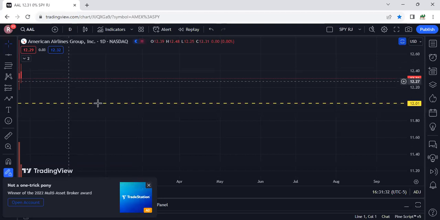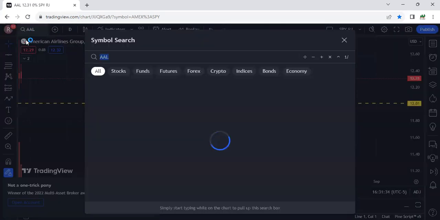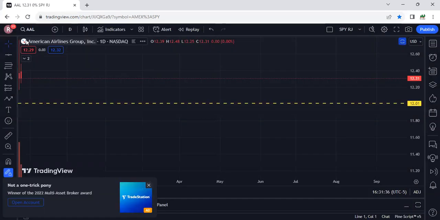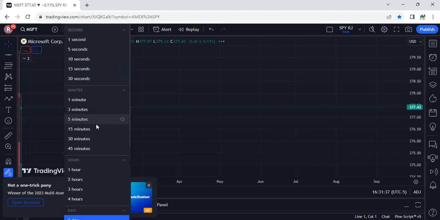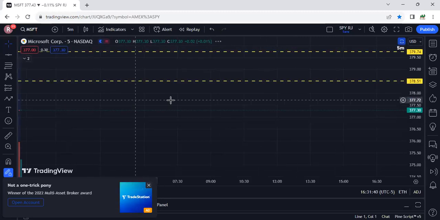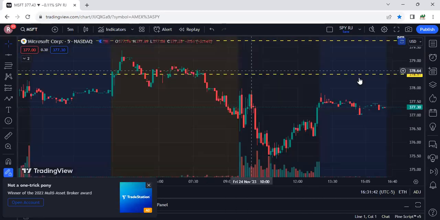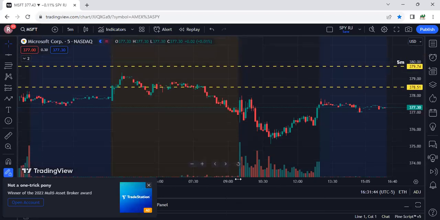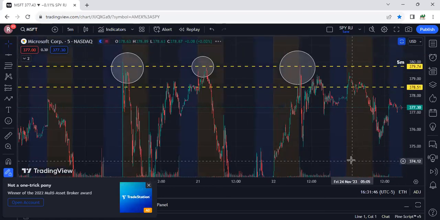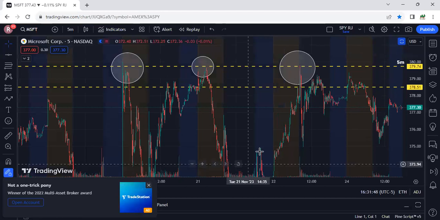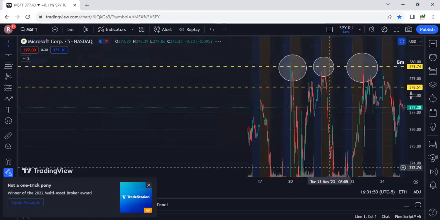All right. So I'm going to actually show you guys. I wasn't going to do this example, but I'm going to show you guys this right here because we traded this not too long ago. If I can find it here.